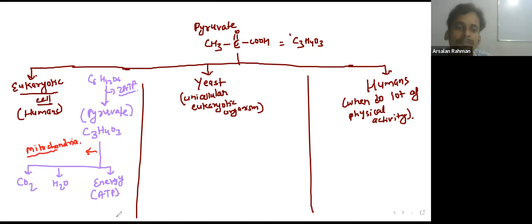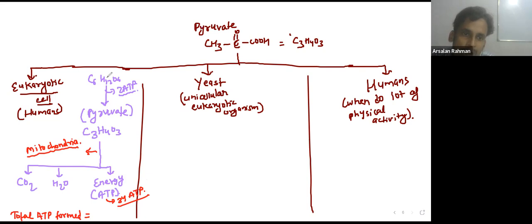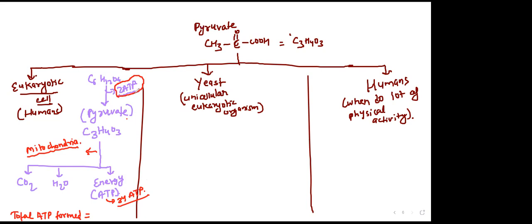How many ATP will we get? Here we will get 34 ATP. So in total, how many ATP do we get? Can you tell me the ATP count? From C6H12O6 to pyruvate, we get 2 ATP.